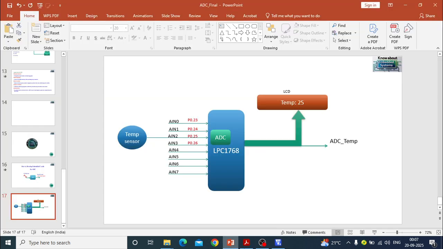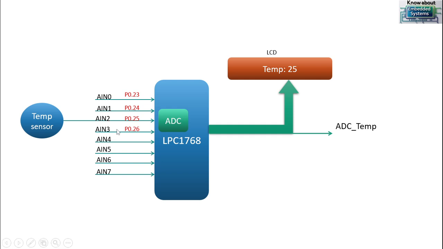If you look into my slide here, let us assume one sensor is connected to analog input 2, and that port pin is P0.25. So our intention here is that we have to configure the pin function selection as well. That also we have to do.